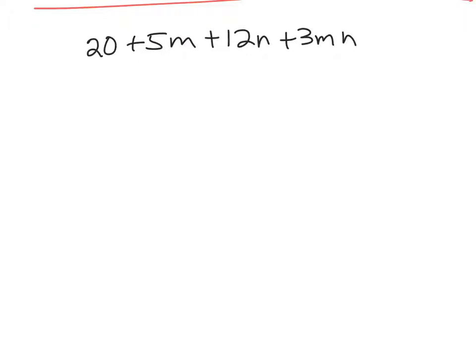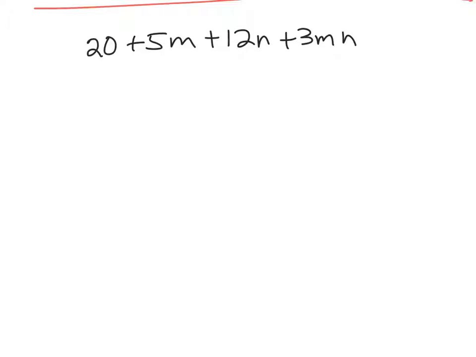So let's look for a common factor. None of them all have the same variable, so I can't factor a variable out. The only common factor between 20 and 5 and 12 and 3 would be 1, and that doesn't help me. So there's no common factor in the whole thing.